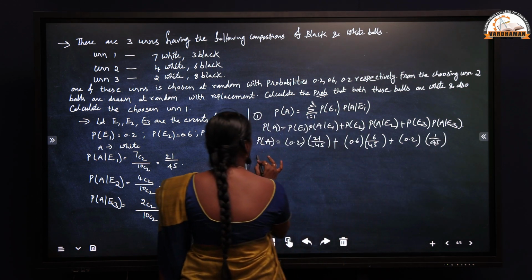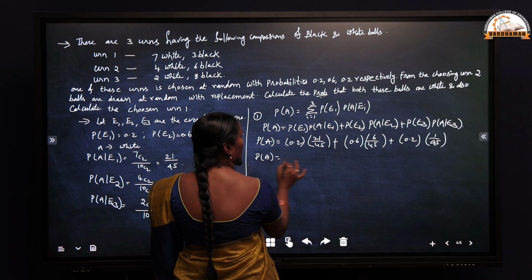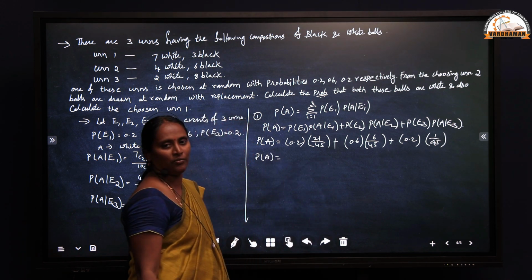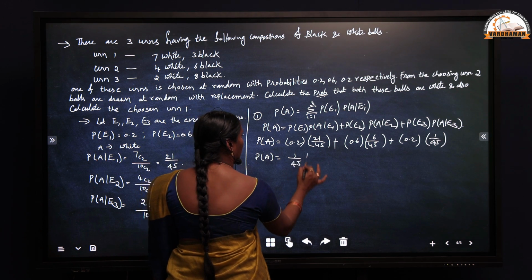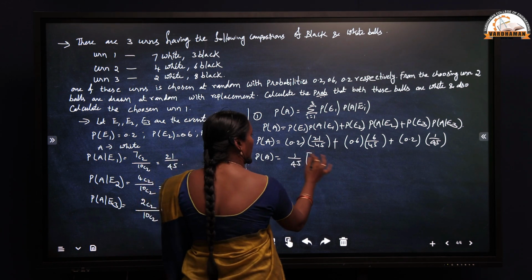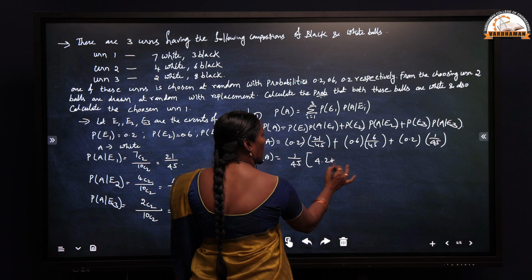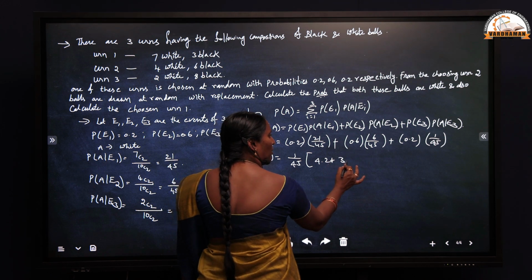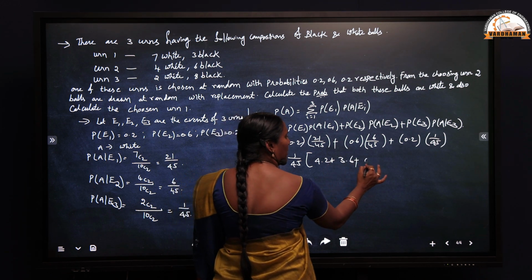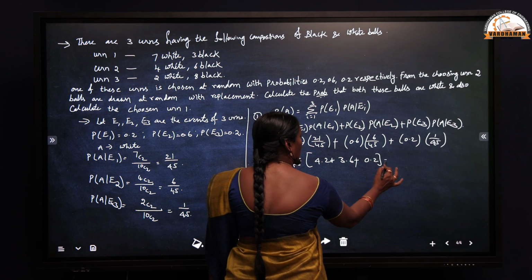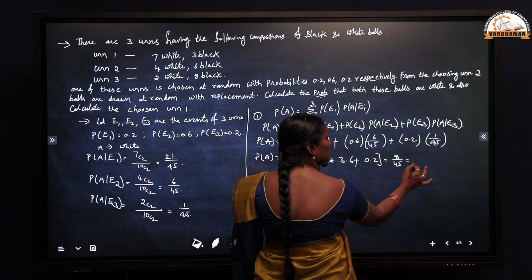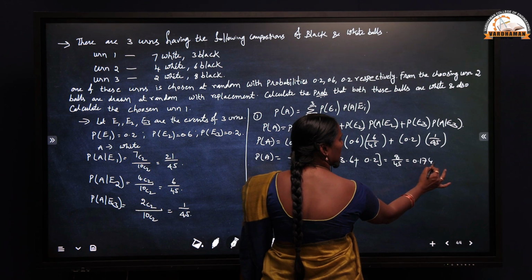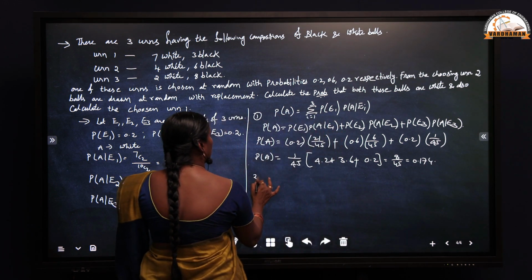To simplify this, take the common term 1 by 45. 0.2 into 21 will be 4.2, 0.6 into 6 will be 3.6, and then 0.2. So the solution is 8 by 45, which is 0.174.